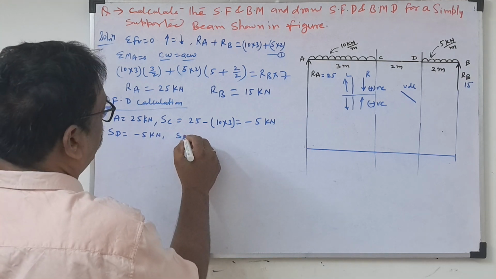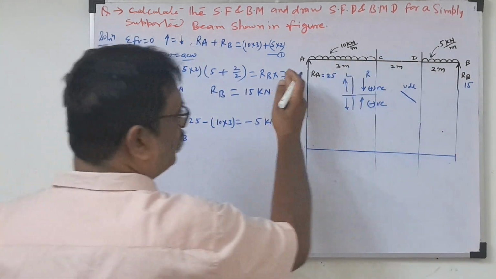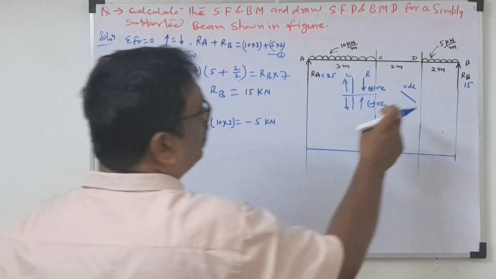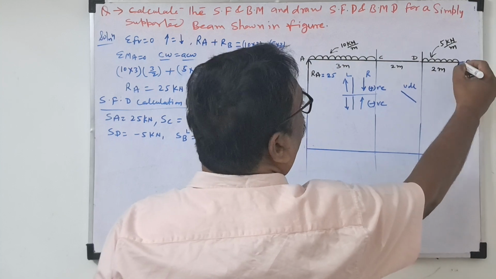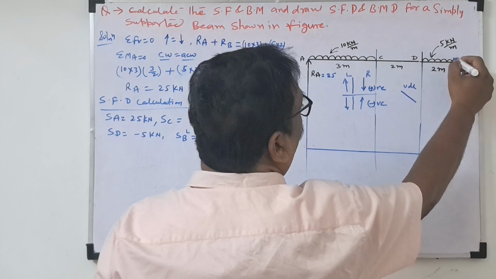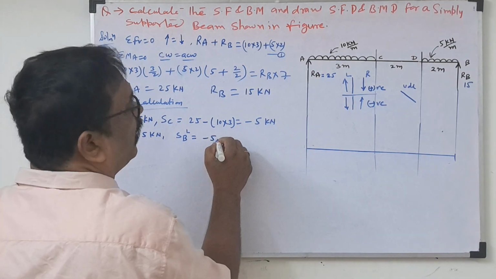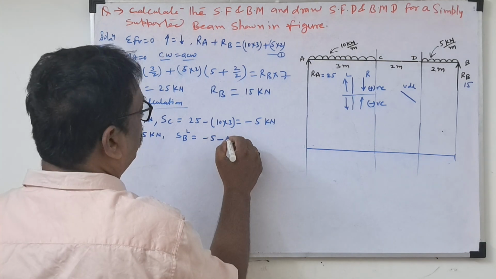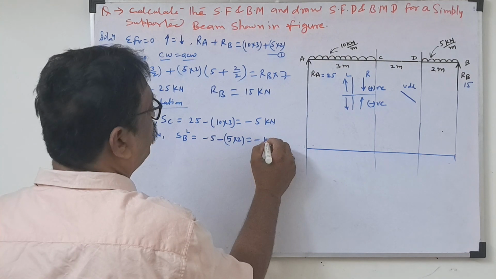SB. Here, for SB, taking from the left side, we take L. L means the point load reaction force will not come; before this point only the UDL will come. SD is minus 5, and downward force is negative, so minus 10, 5 into 2, so it comes to minus 15.